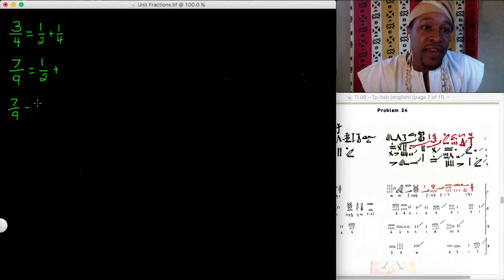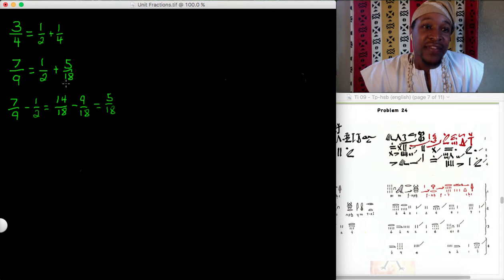So we'll do 7/9 minus 1/2. And to subtract this, we need common denominators. The common denominator here will be 18. So 7/9 will be 14/18, and 1/2 will be 9/18. And when we subtract that, we will get 5/18. All right, so we see that 7/9 is equal to 1/2 plus 5/18.